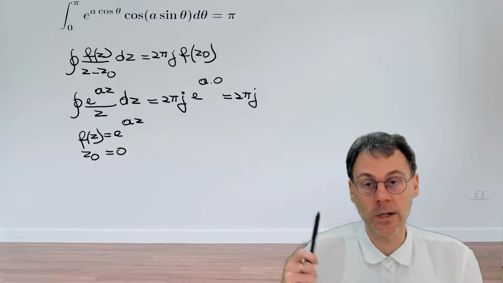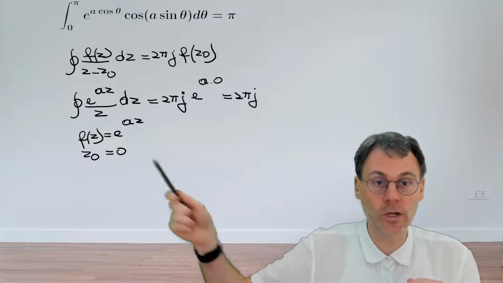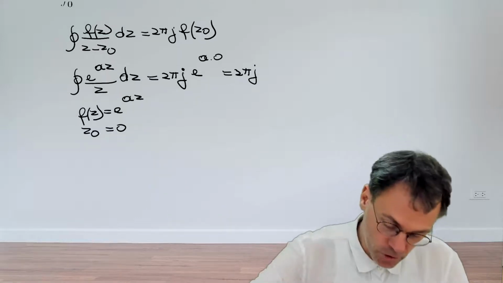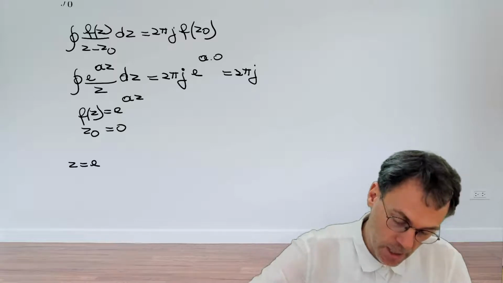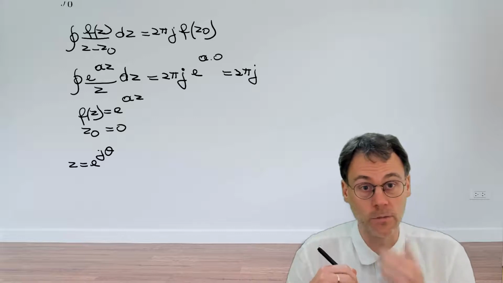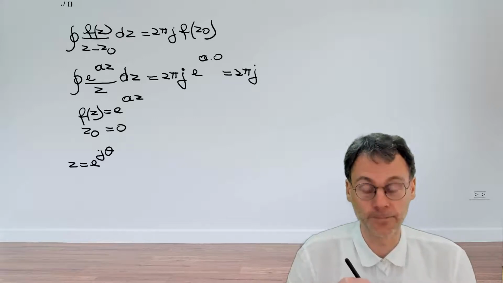Let's now try and express that same contour integral, but using parametrization. Parametrization of the unit circle, which is z equals exponential j theta, with theta running from 0 to 2 pi.